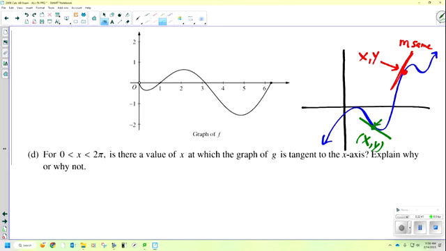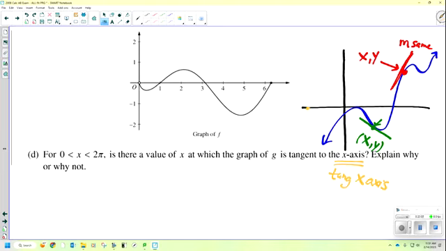Now, the problem says, is there a value of x at which the graph of g is tangent to the x-axis? If it is tangent to the x-axis, that means the coordinate has to be on the x-axis.